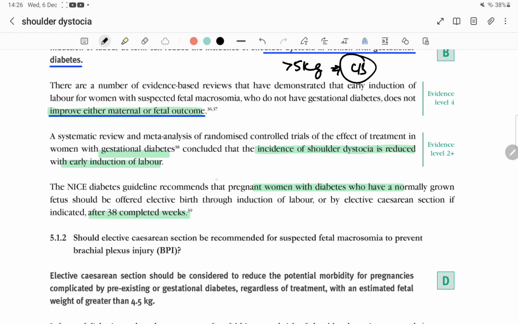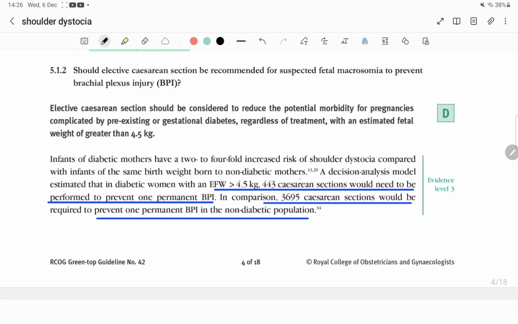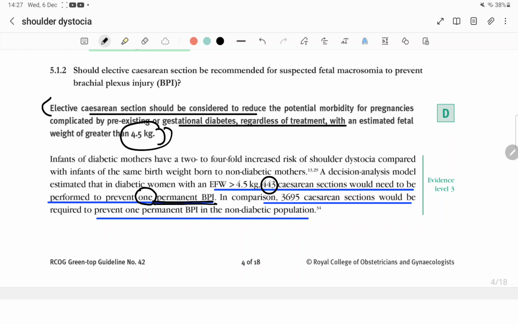Now, this all I highlighted, I have written it above. This point I also explained to you that elective cesarean section should be considered in a woman with pre-existing diabetes or gestational diabetes when the weight is more than 4.5 kg. Why just for the diabetic? Why not for the non-diabetic? In diabetics, when 443 cesareans are performed, you prevent one permanent brachial plexus injury.